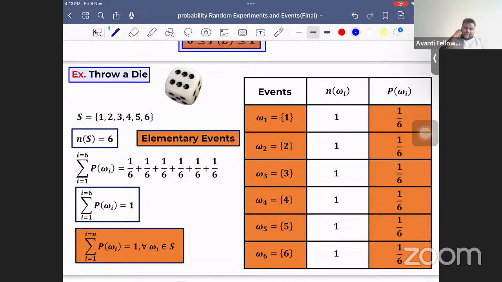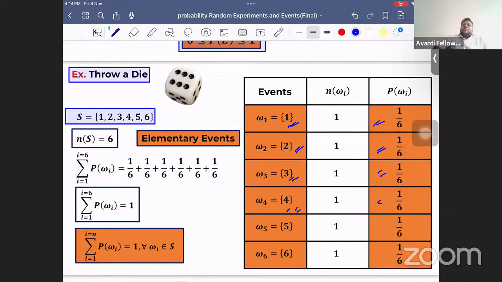Let there be a set S having 1, 2, 3, 4, 5, 6. So the probability that 1 appears is 1 by 6. The probability that 2 appears is 1 by 6, 3 appears 1 by 6, 4 appears 1 by 6, and the same for 5 and 6.